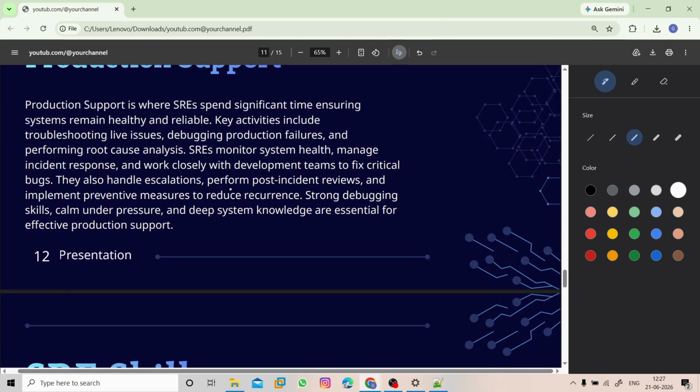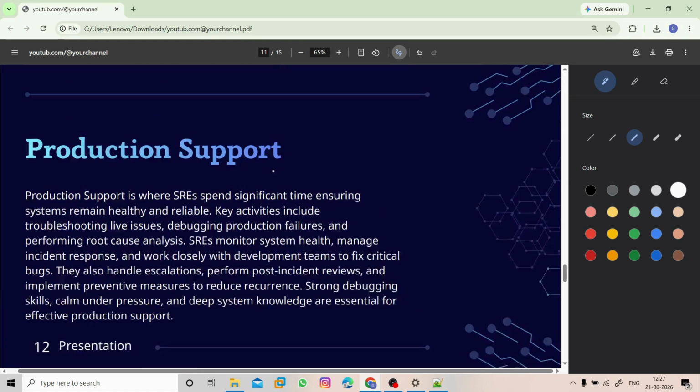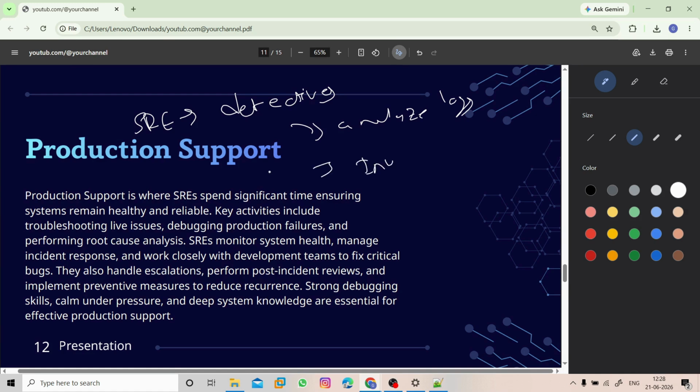Production support. Mainly during production incidents, SREs often act like detectives. Okay, detective. They need to analyze the logs, investigate the dashboards. Next, root cause, RCA.